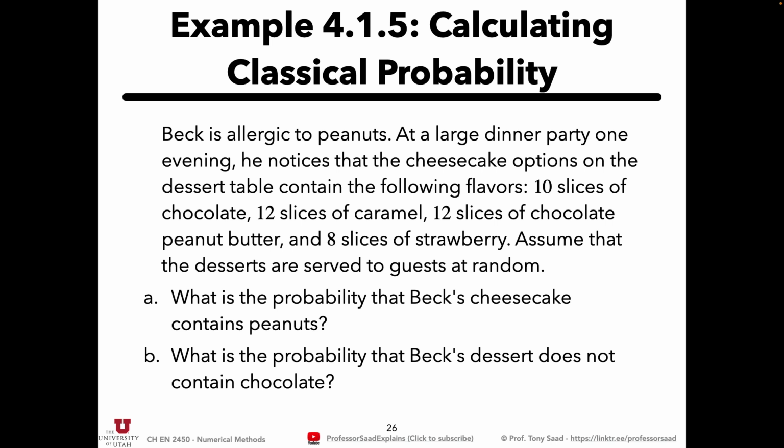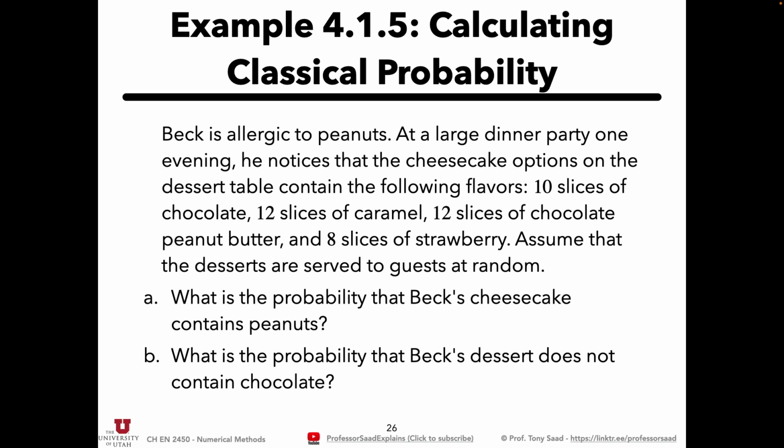Okay, so we'll start with the first one. What is the probability that Beck's cheesecake contains peanuts? We already have our sample space, right? What is it? It's all the slices of the cheesecake. If I were to draw a diagram, I would put 10 slices of chocolate, 12 slices of caramel, 12 slices of chocolate peanut butter, and 8 slices of strawberry.